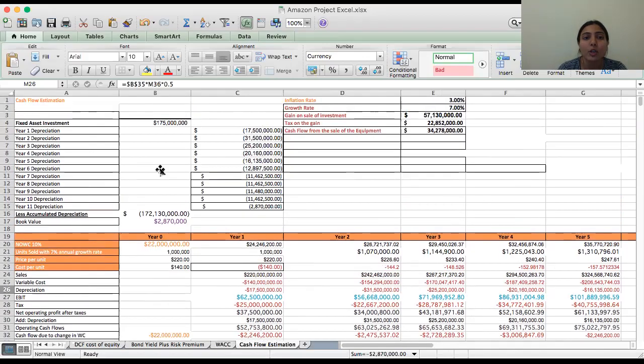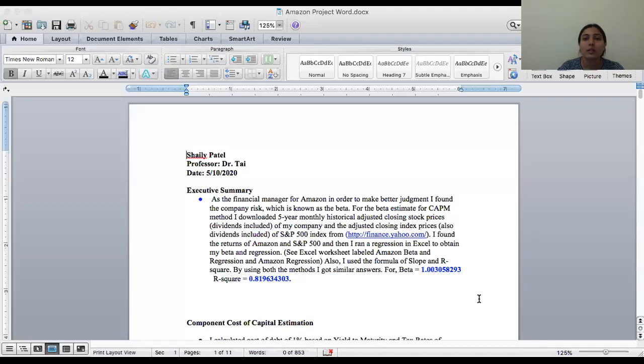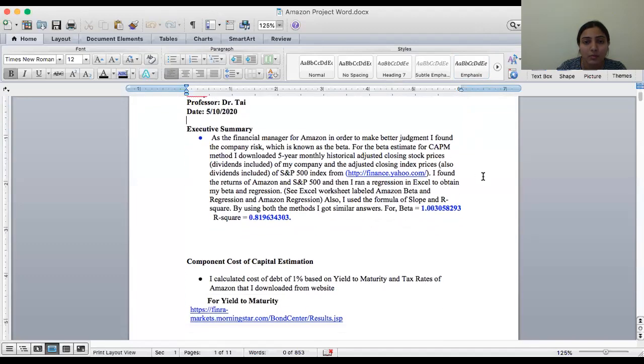So this was all my calculations of the Excel part. The same calculations I've explained in Word. Let me show you. So this is my Word part. I've written how I performed my calculations in Excel in my Word part.